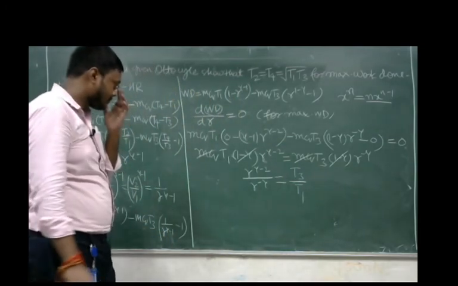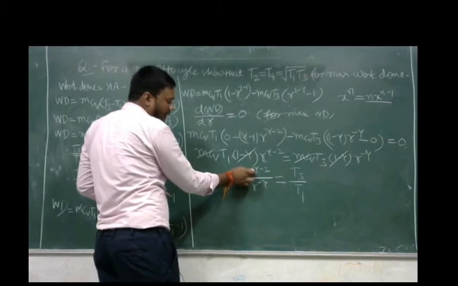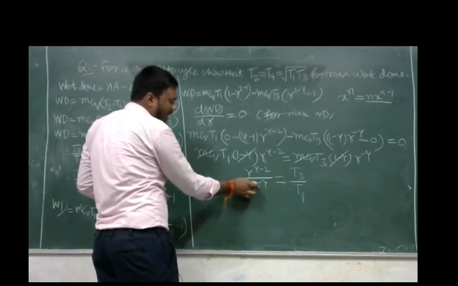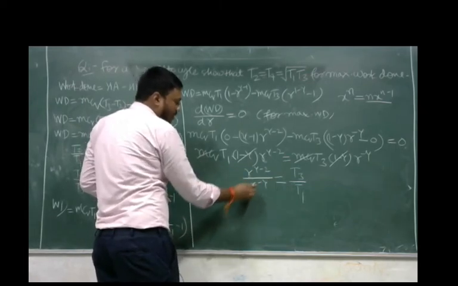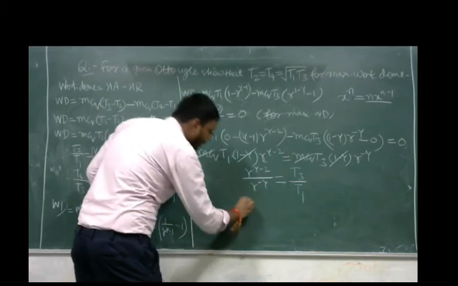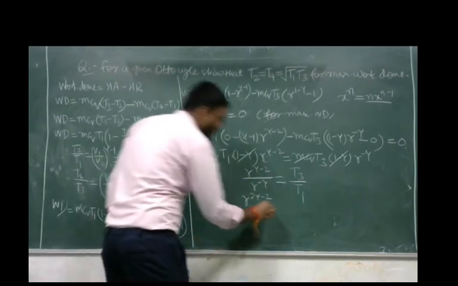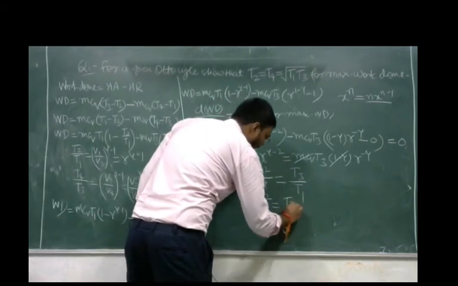Okay, now transfer this R to power minus gamma here. So it will become R to power plus gamma. So plus gamma and plus gamma, it will become 2 gamma. So we get R to power 2 gamma minus 2, which is equal to T3 by T1.